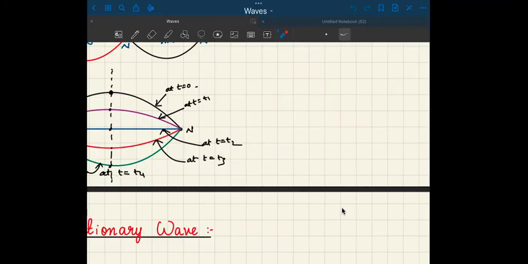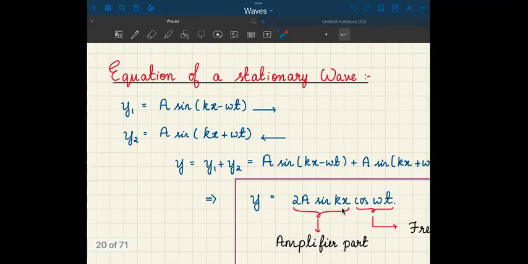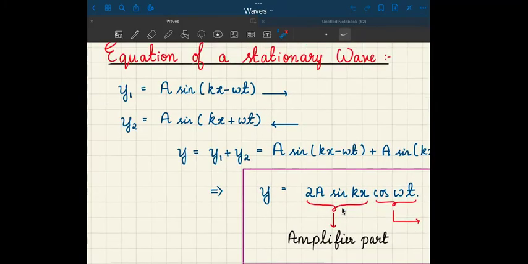Clear? Right. Now we will try to analyze the stationary wave equation. I said you require two waves for this process. One is a wave propagating in the forward direction, the other traveling in the reverse direction. When a wave is traveling in the forward, positive x direction, you represent the equation as A sin(kx minus omega t).